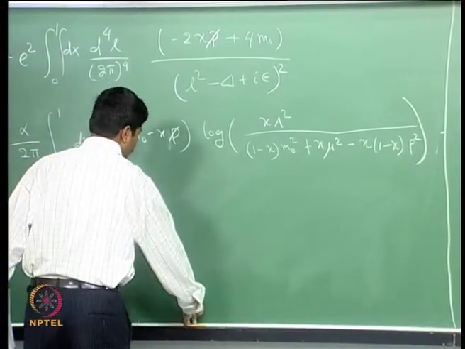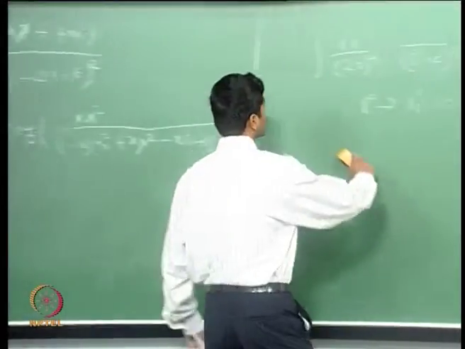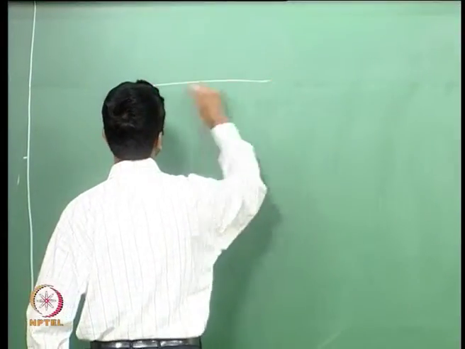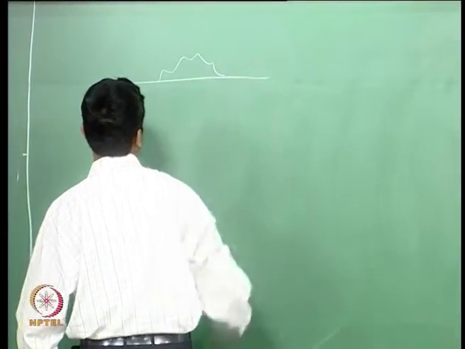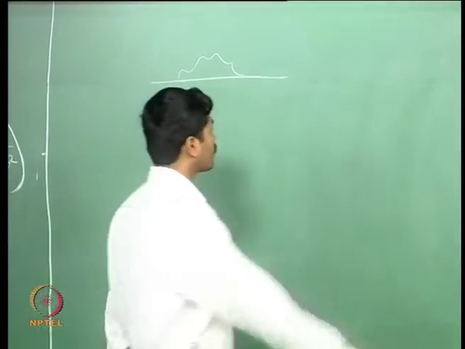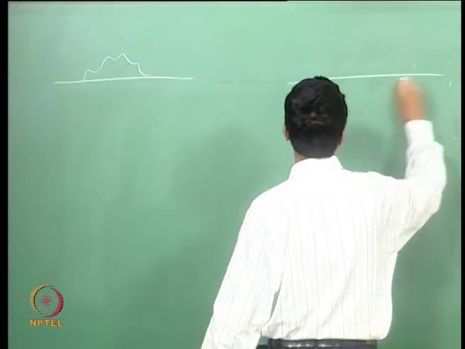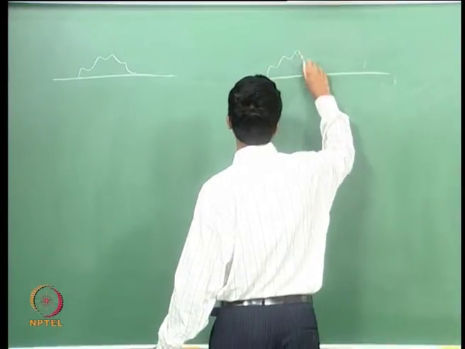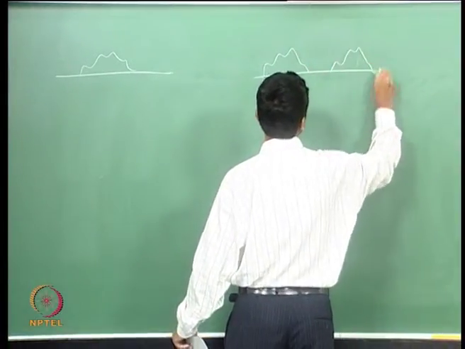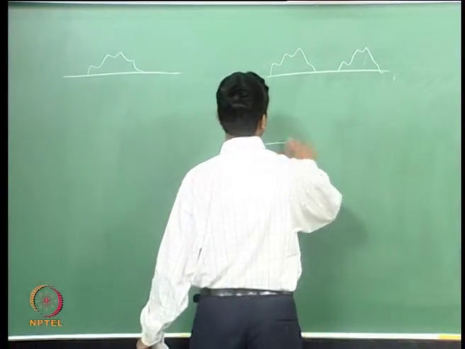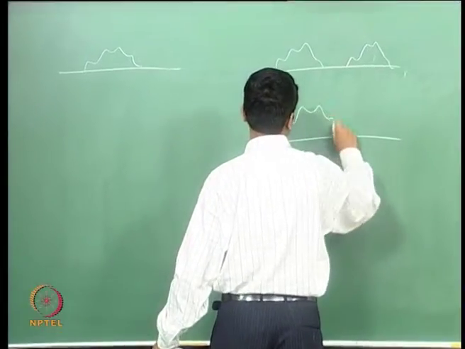Of course, this is at one loop level, but at two loop level, what can you expect? You can have a diagram like this, or you can have a diagram like this.